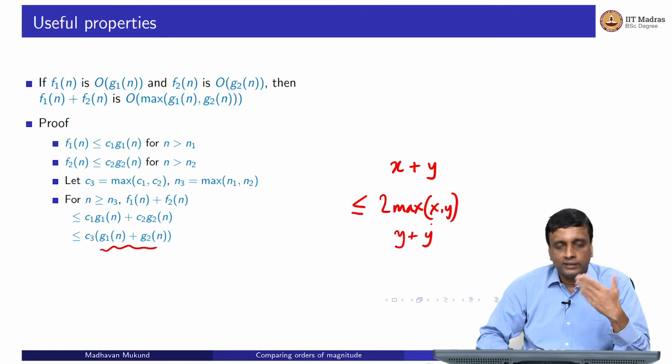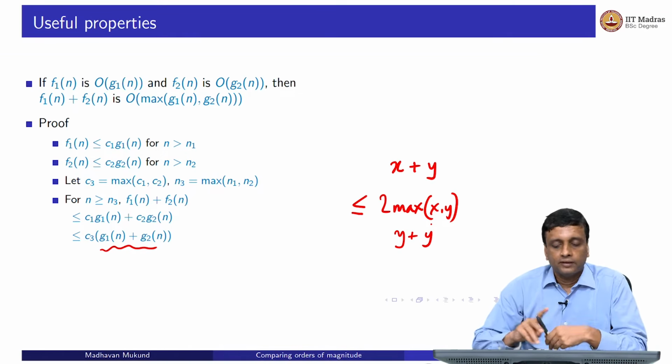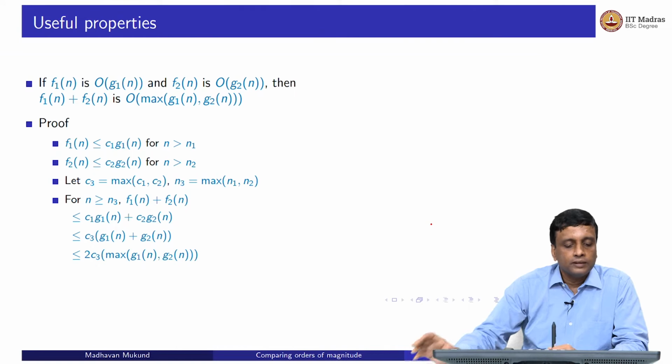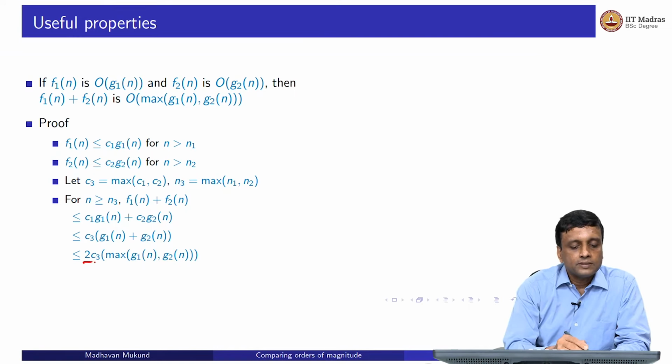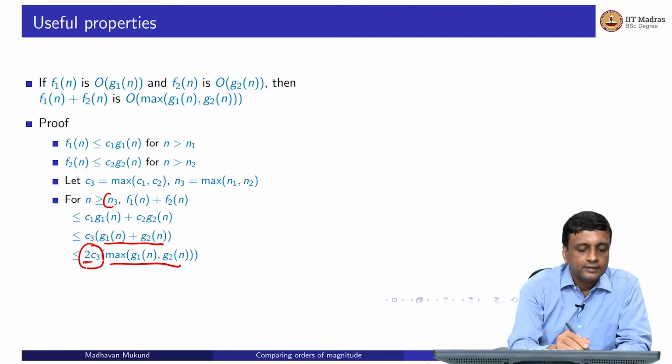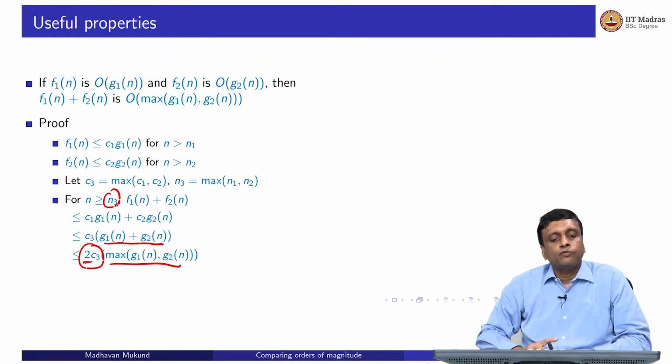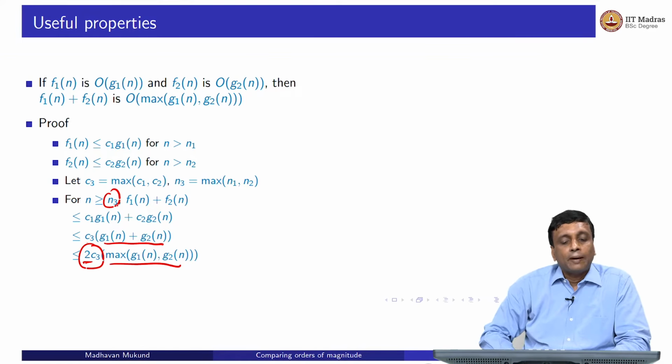Instead of the bigger value, it is itself the maximum. So that's 2 times the maximum. And what I started with is smaller than that. Right? So therefore, this is going to be less than 2 times. So C3 times this is there, and I'm going to replace this by 2 times the maximum. So now with our new constants 2 times C3 and n3, I have shown that F1 plus F2 is big O of max of G1, G2.